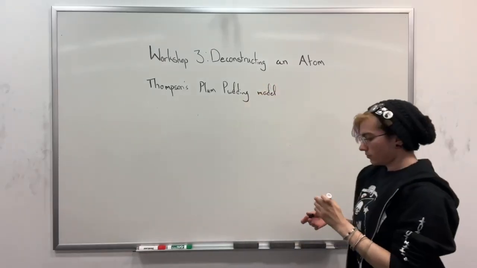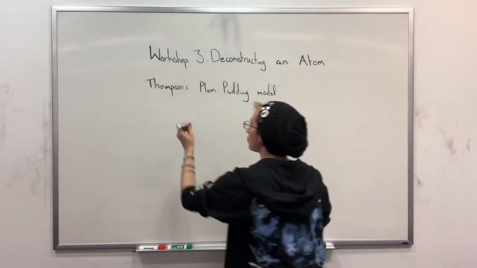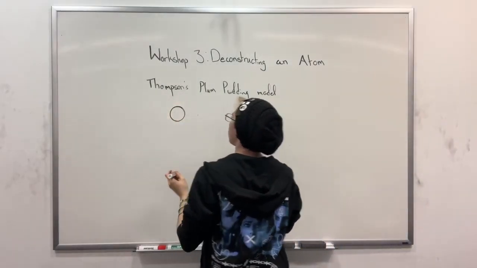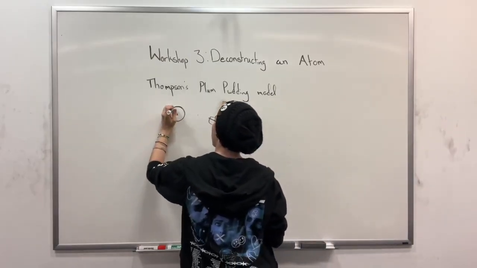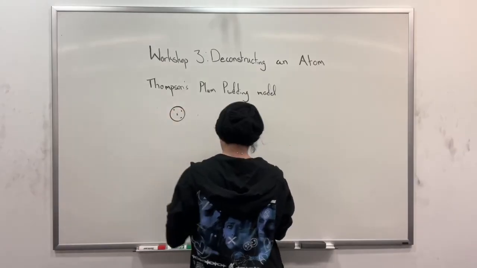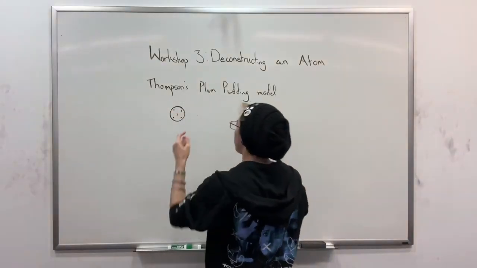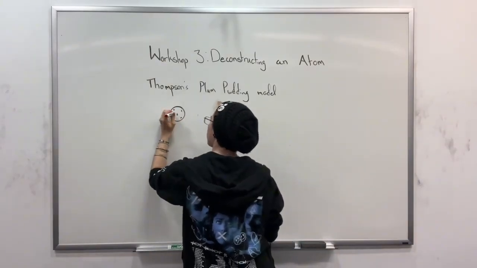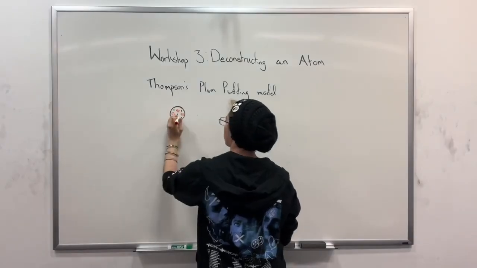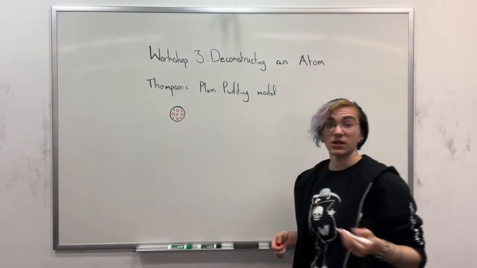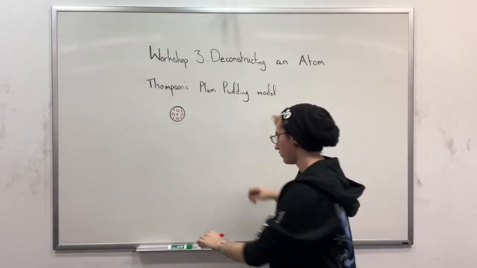What Thomson's plum pudding model suggests is that atoms, as they existed, should have been some type of particle that has a largely positive charge itself, but then scattered throughout this positive center are small negatively charged particles. And these will be what we know as electrons.